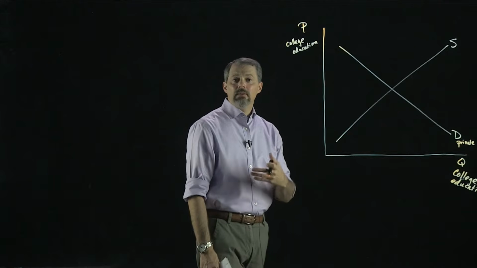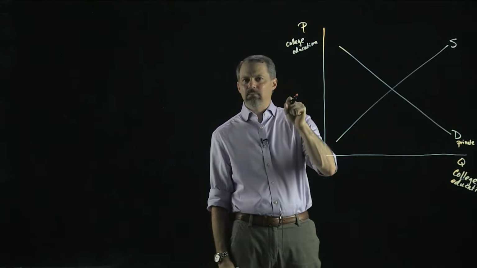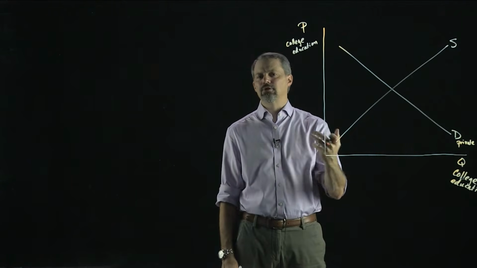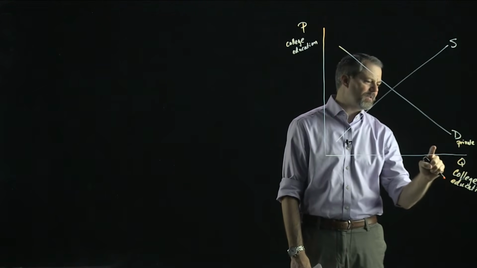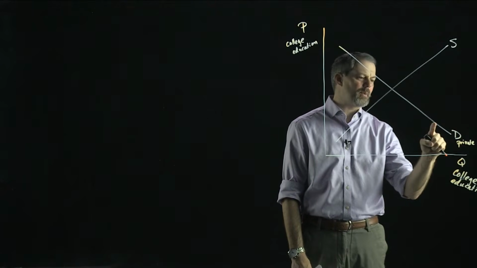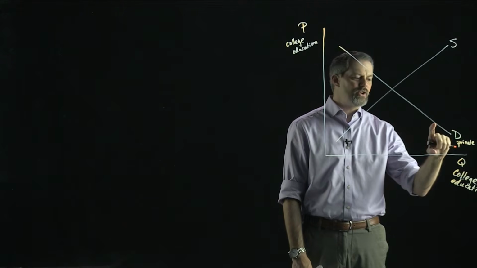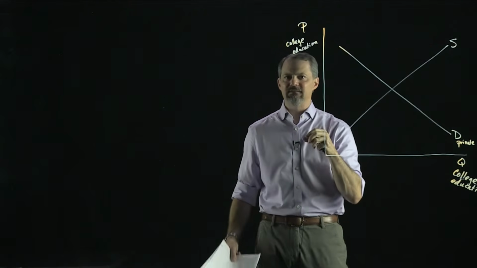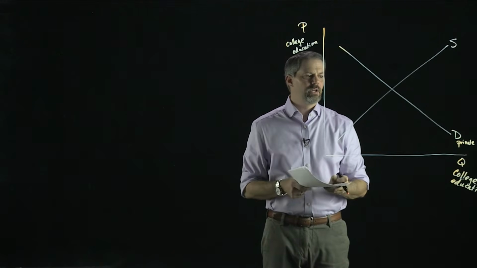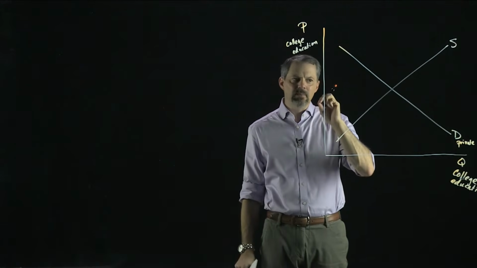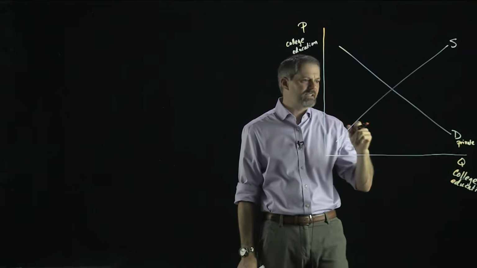But now there's some benefit that's being passed on. We could call it an external benefit. And so if we were to pick any quantity and go up to the height of the demand curve, the height of the demand curve would be capturing the private benefit. That would be the benefit that the students themselves get from going to college. But then there's going to be some external benefit that's passed on.